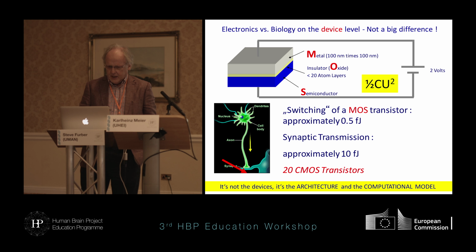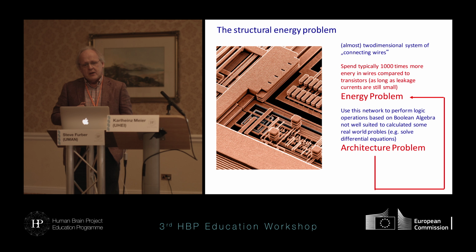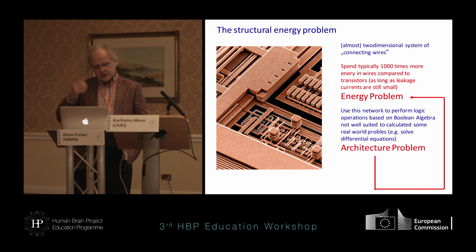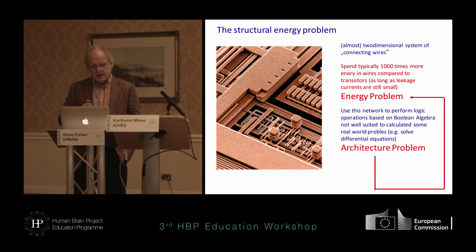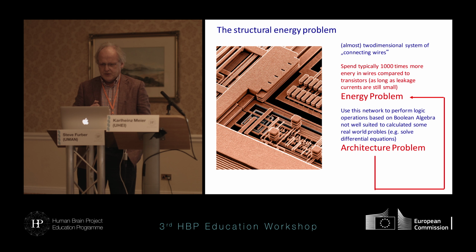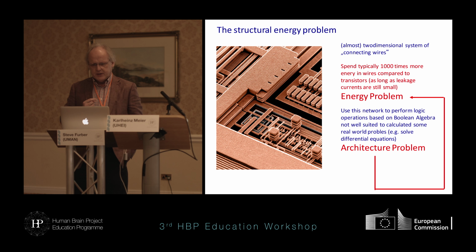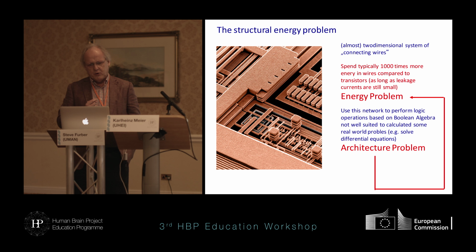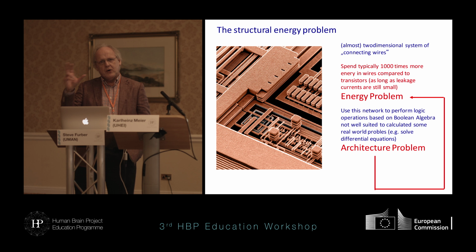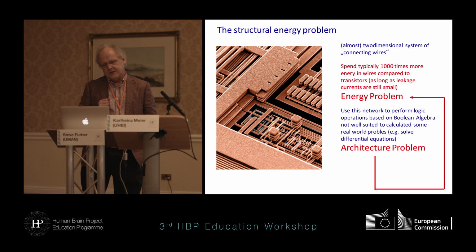If you look at the structure of a chip, the functional devices are transistors, but as I showed you in the picture earlier, a lot of what you see on a chip is wiring, and if you look at the analysis of where the power goes in a chip, typically you spend about 1,000 times more energy in the wires as you do in the transistors. So we lost 3 orders of magnitude just in wiring the transistors together. And so we're now 3 orders of magnitude behind on biology.